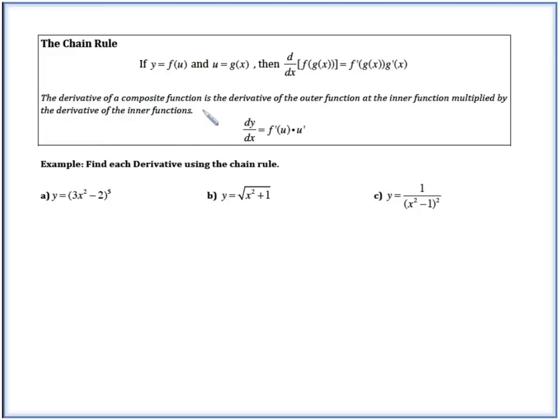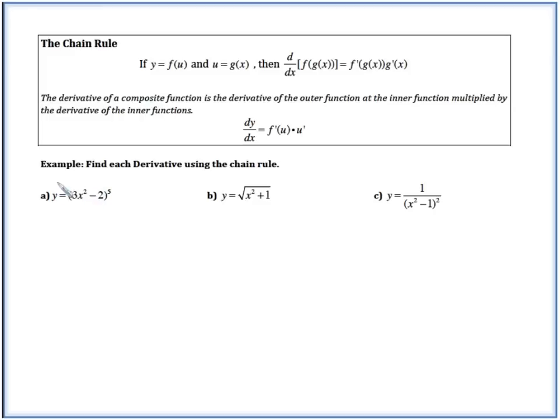It's a lot easier, I think, if we talk about the inner and outer function. So the derivative of a composite function is the derivative of the outer function at the inner function multiplied by the derivative of the inner function. Here's another way to look at it. The derivative is f prime of u times u prime.